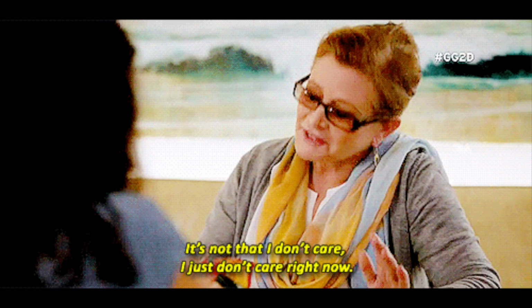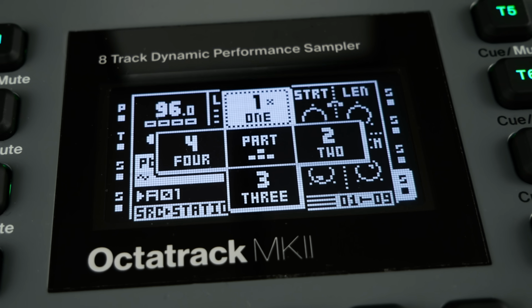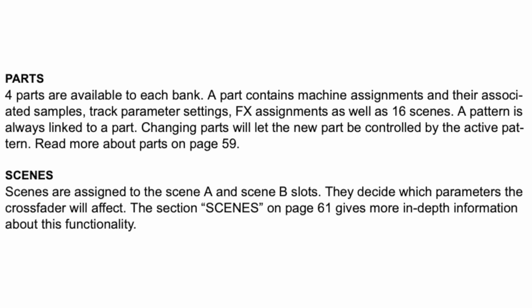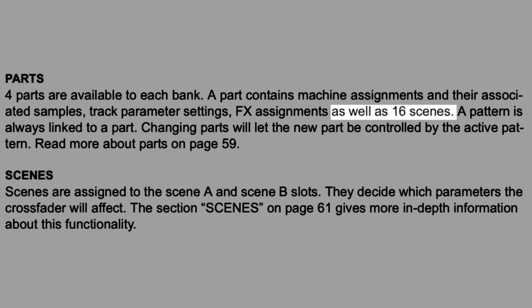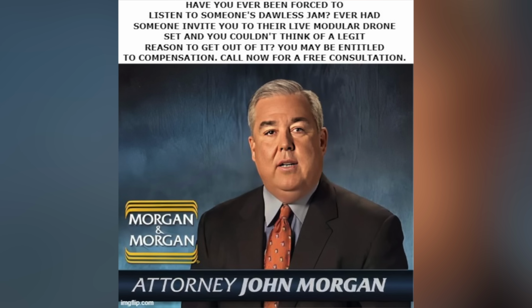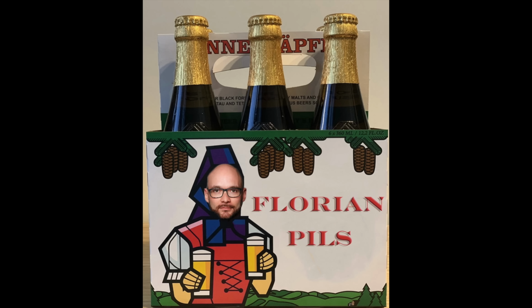Speaking of, there is an additional layer in the Octatrack structure called parts that lets you implement different parameter settings regardless of the chosen pattern, which, by the way, contains up to 16 scenes assignable to the crossfader in order to make that whole smorgasbord of madness somewhat manageable after a few cold ones.